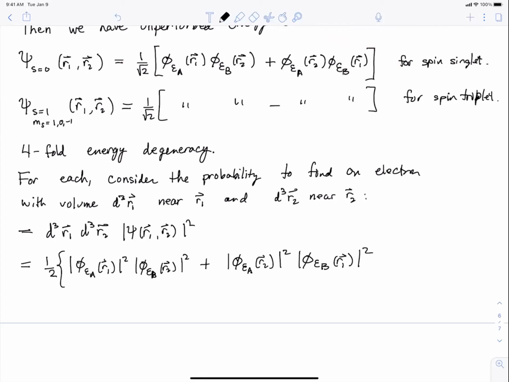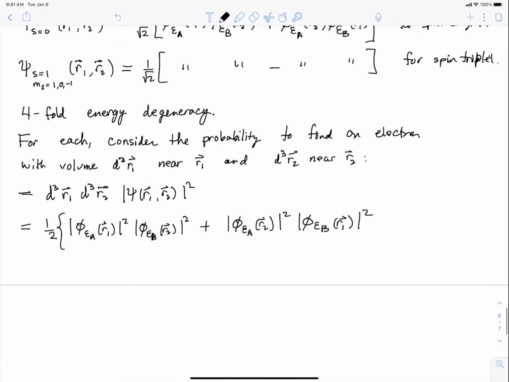Okay, but then I get the cross terms, which are going to come about from this times that. One of the cross terms is going to be the complex conjugate of the other. And so what we will get is plus or minus, plus if it's spin 0, minus if it's spin 1, 2 times the real part.